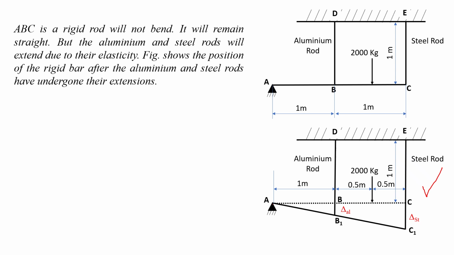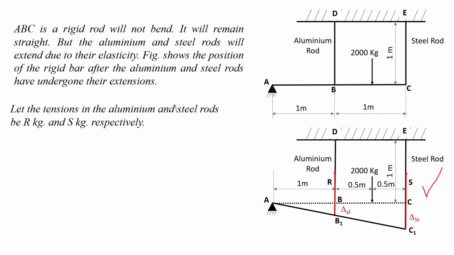After application of the load it deforms and goes from C to C1. Here delta AL is the deformation of the aluminium rod, that is B to B1. Delta ST is the deformation of the steel rod from C to C1.